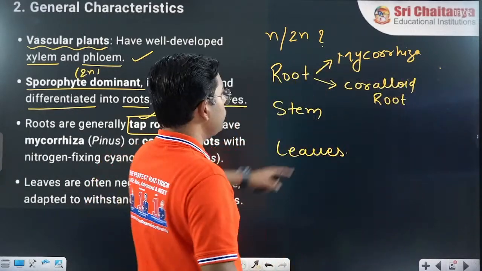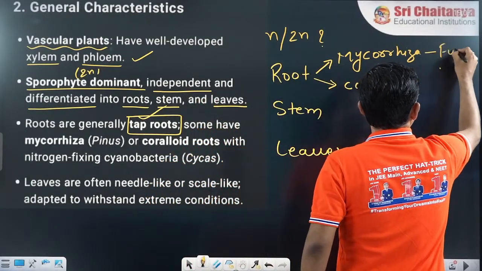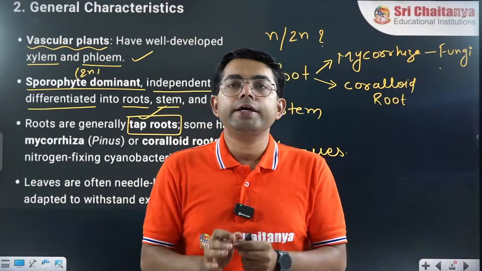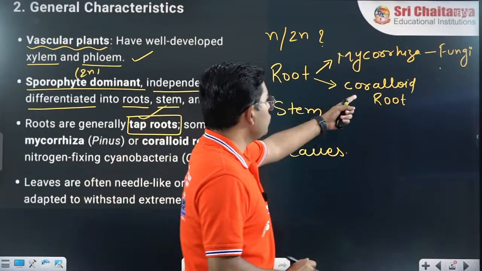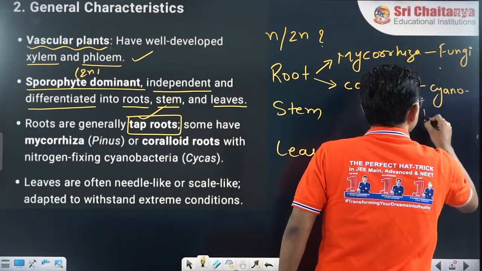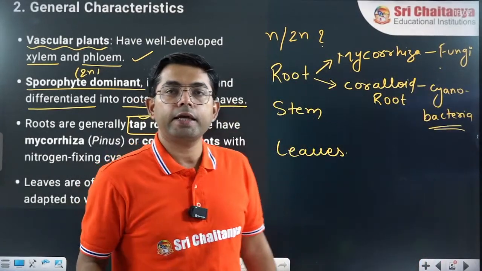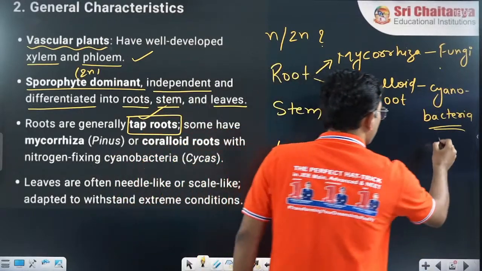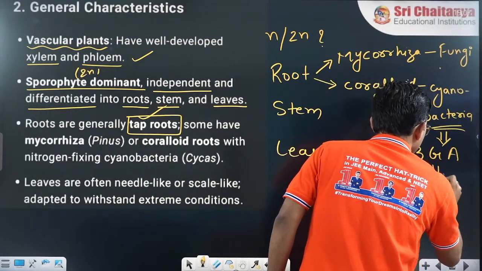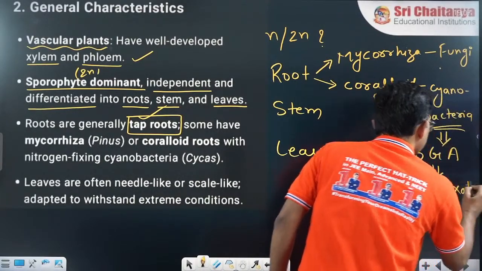So let's first understand what is a mycorrhiza. Mycorrhiza is formed with the help of fungi, meaning root association with fungi is called mycorrhiza, and root association with cyanobacteria is the coralloid root. Cyanobacteria, all of you can recall, we have seen in the topic bacteria. It is also called blue-green algae, and it plays a role in nitrogen fixation.